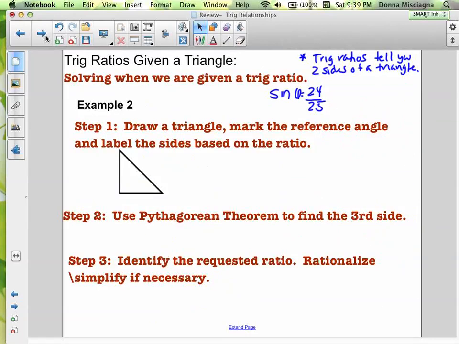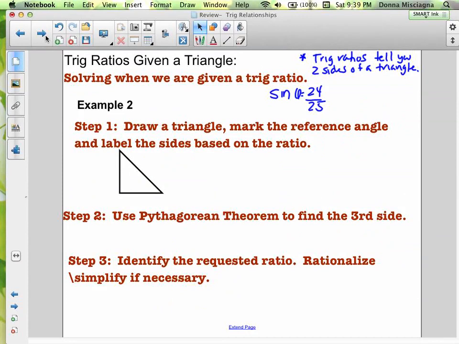So this is very similar to something we did in geometry, identifying one trig ratio given another trig ratio. We haven't done this yet in this class. It's going to be the same steps, except we have more trig ratios to work with. We have 6 instead of 3.